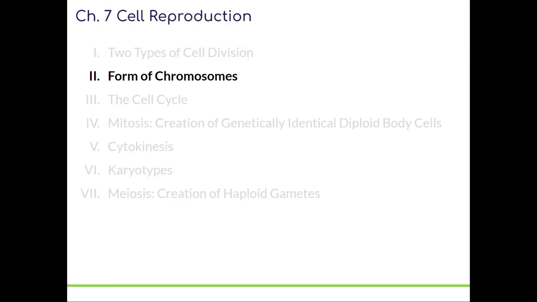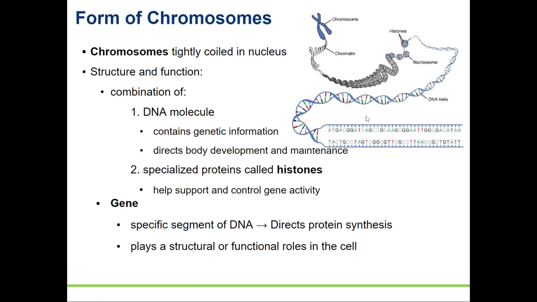So let's talk first about those chromosomes. I just said that in a normal human, you would have 46 chromosomes. 23 of those came from your mom, and 23 of those came from your father. So what is a chromosome? This is the genetic material that's in the nucleus, and it is very tightly coiled.